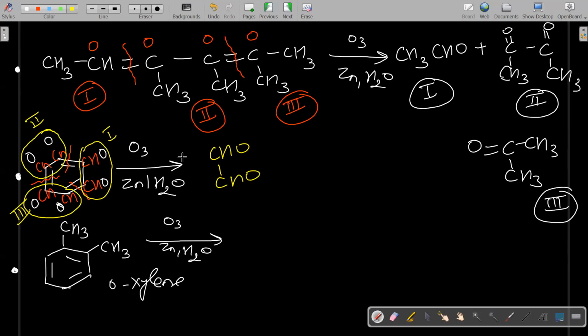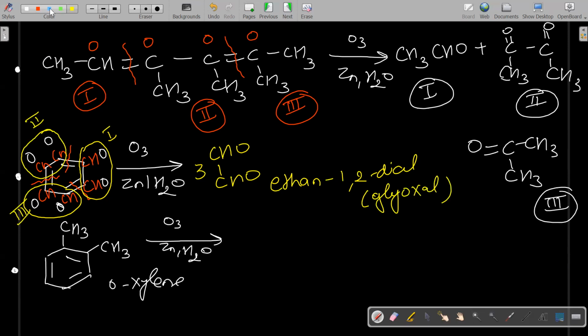What is the second product? That is also CHO-CHO. What is the third product? That is also CHO-CHO. So here we are getting 3 moles of OHC-CHO. What is the IUPAC name of this compound? This is ethane-1,2-dial, and the common name is glyoxal. Glyoxal, we can say, is the common name.